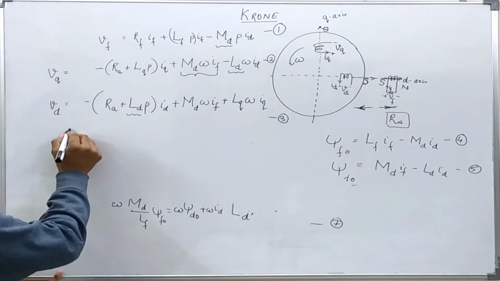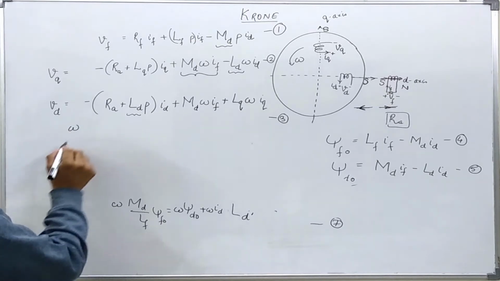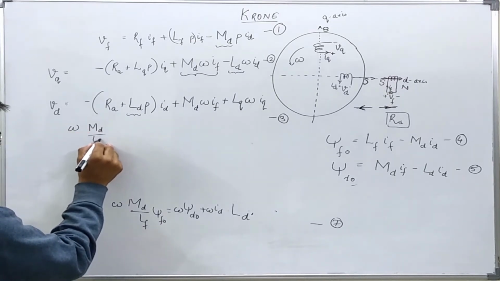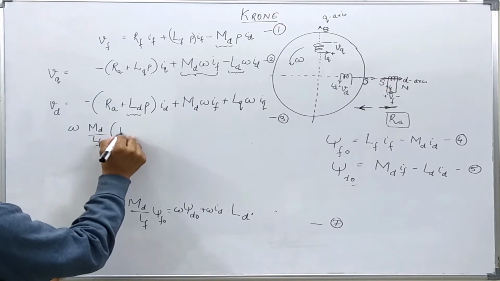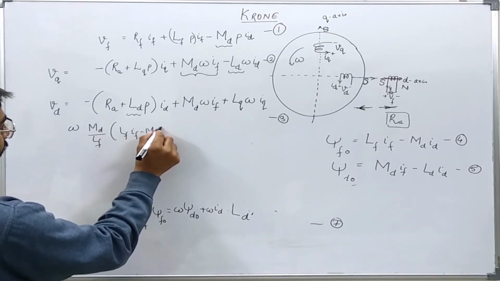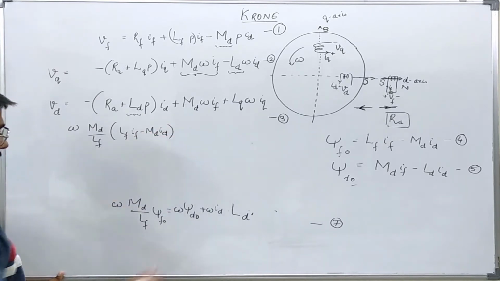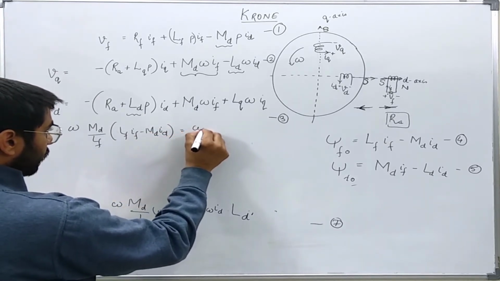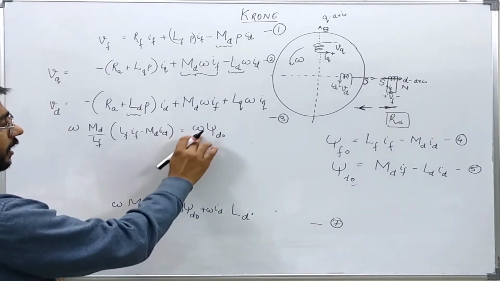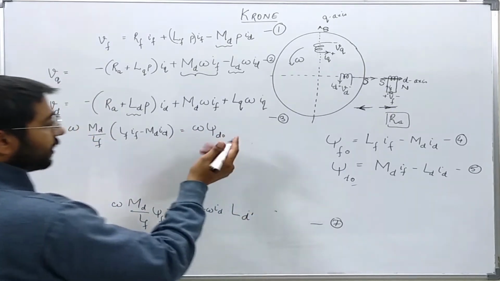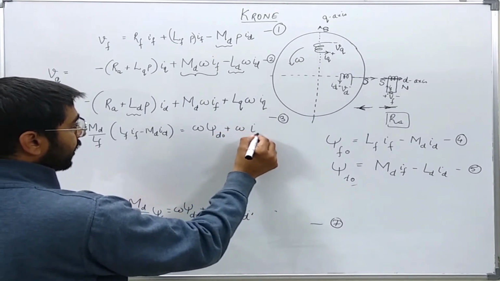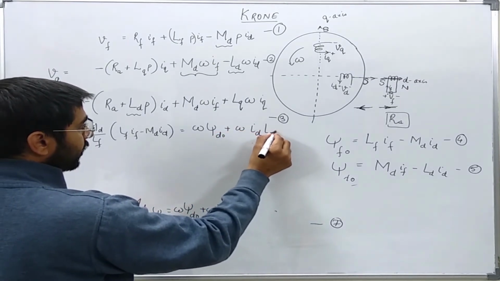So it will come out to be omega MD over LF into LF IF minus MD ID is equal to omega psi D naught plus omega ID LD dash, where omega is the speed in radian per second.